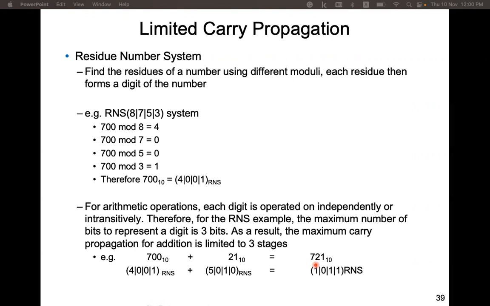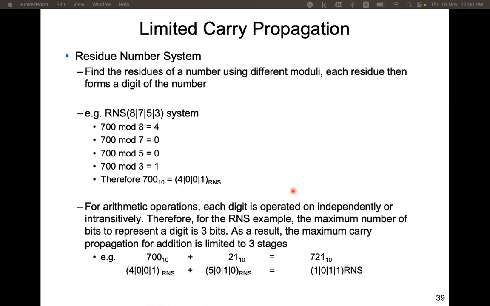You just take a modulo. For each position, it never has a number greater than the basis. Of course, for each position, you need a certain number of bits to represent it. Here, you need 3 bits to represent each position.